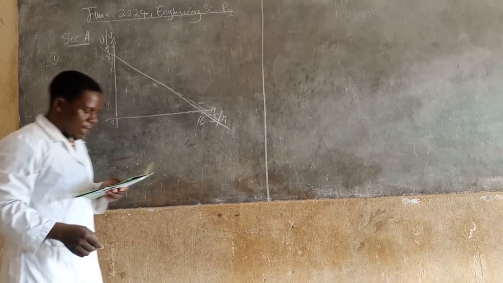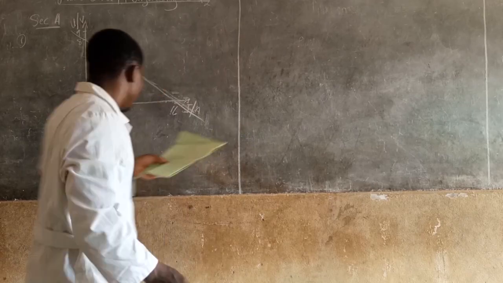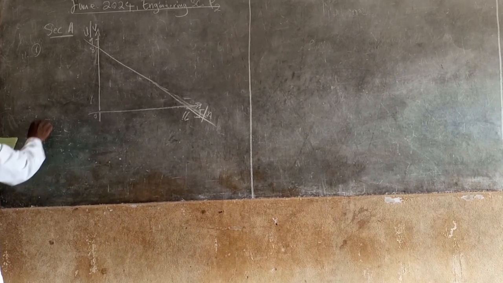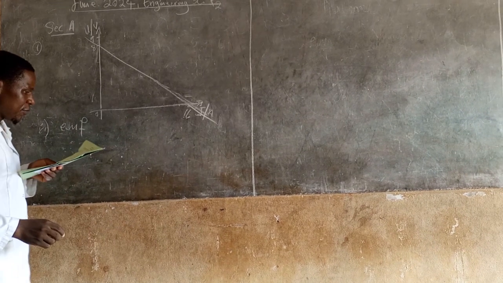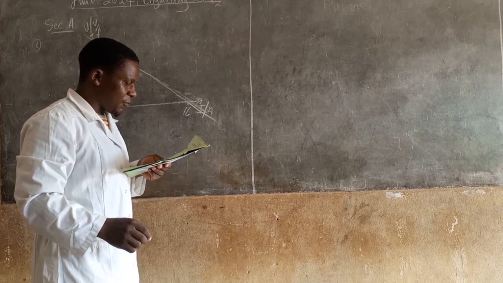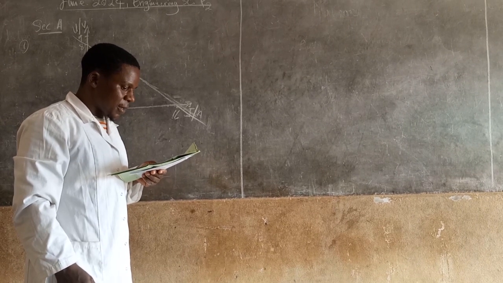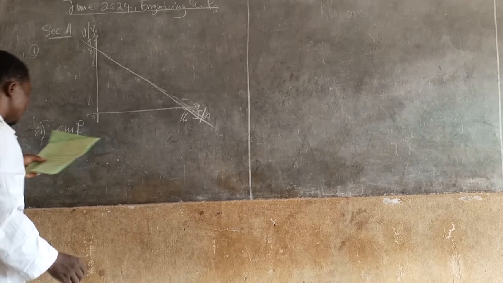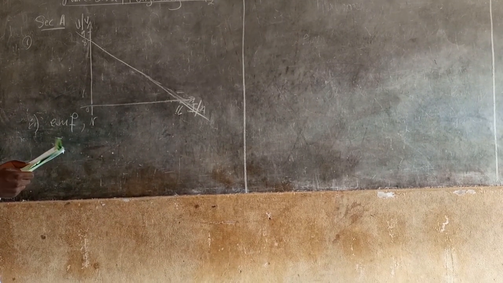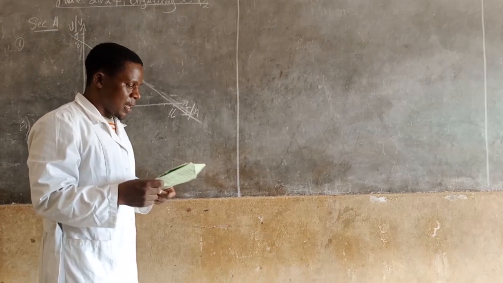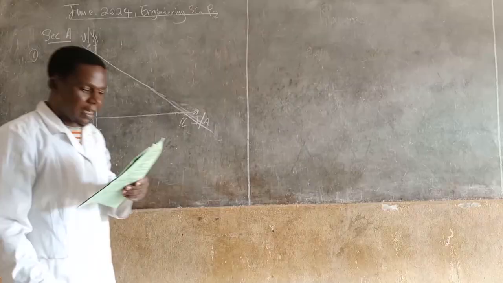What we are required to do is determine number 1, the EMF of the supply source that was used in that experiment, and also the internal resistance of the generator, that's small r. Dear students, you remember the formula that was given in class.